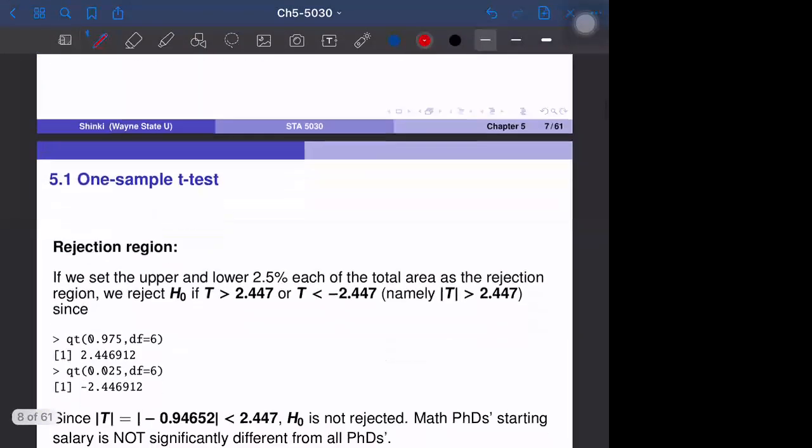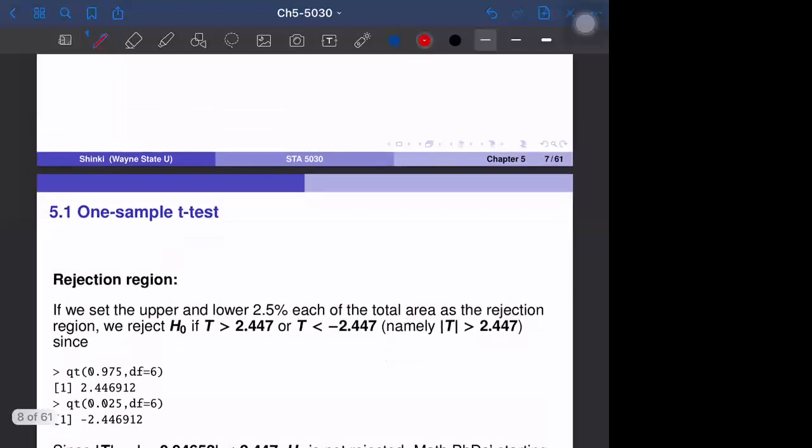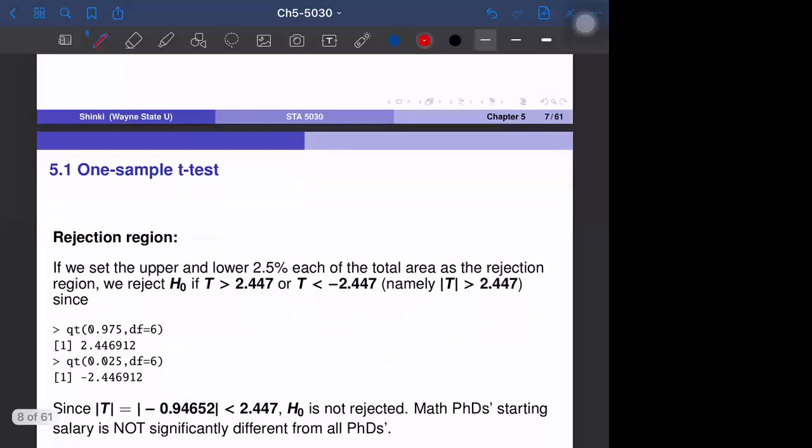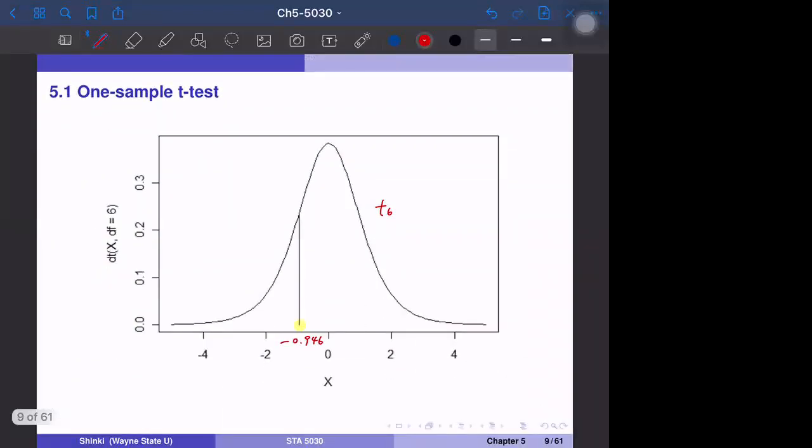But to be specific, what should we do? Actually, for a test with 5% significance level, for example, we reject the 5% of extreme values. So that means if we have this distribution, basically we want to reject null hypothesis if it falls in this extreme 5% range.